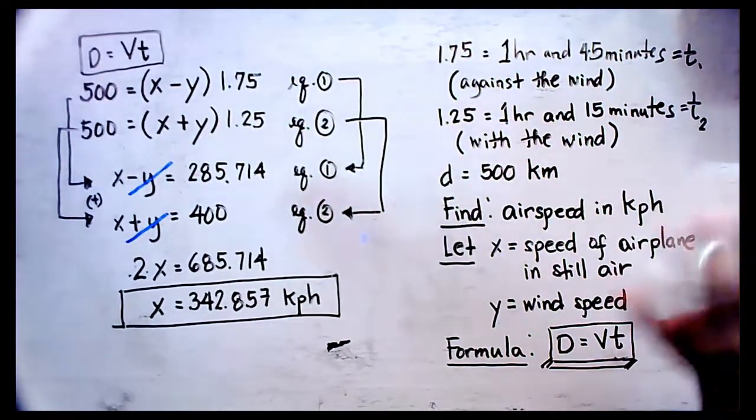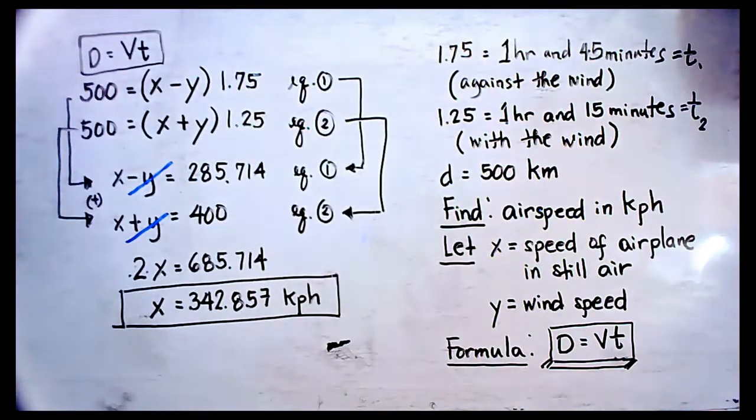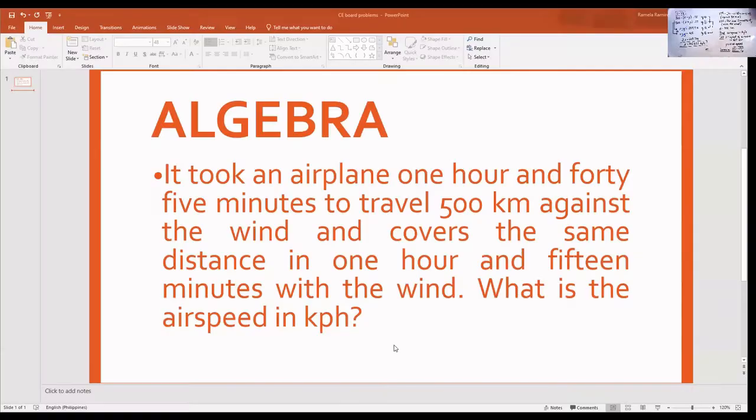So this is an example of, again, another problem in algebra in which, according to the problem, it took an airplane 1 hour and 45 minutes to travel 500 kilometers against the wind and covers the same distance in 1 hour and 15 minutes with the wind.